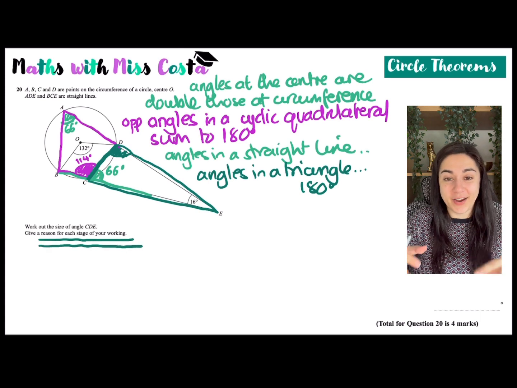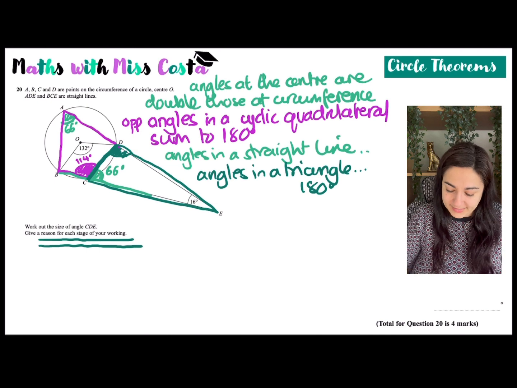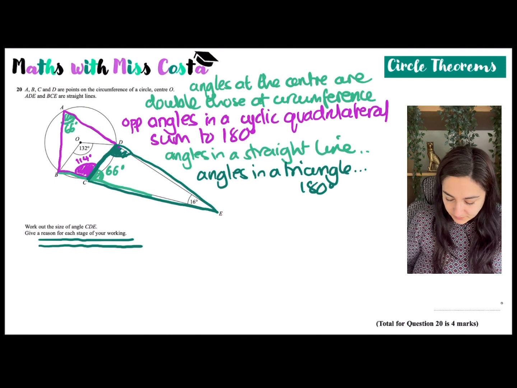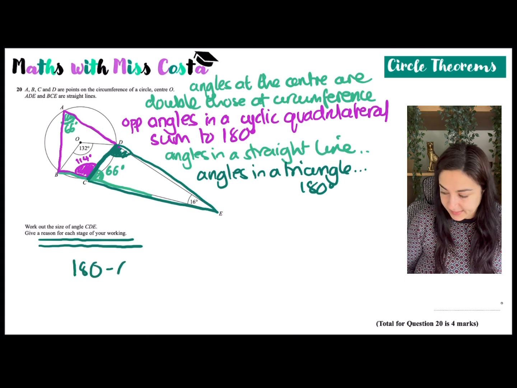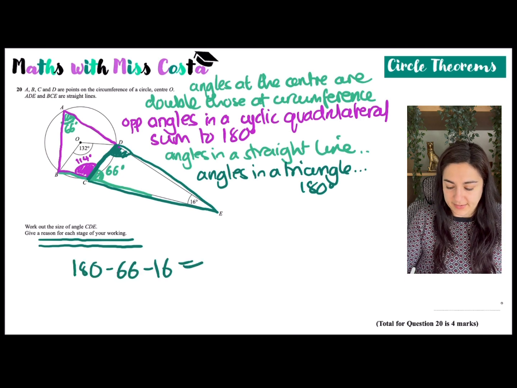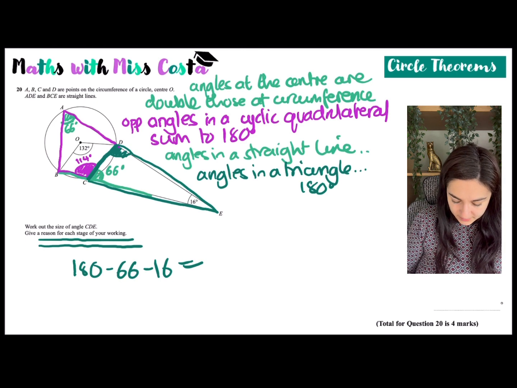So it's great if you figure the answer out, but if you have not given your reason, then you cannot get the marks for reason. So this is why it's so important to know your angle facts and your circle theorems. So 180 take 66 take 16 is 98.